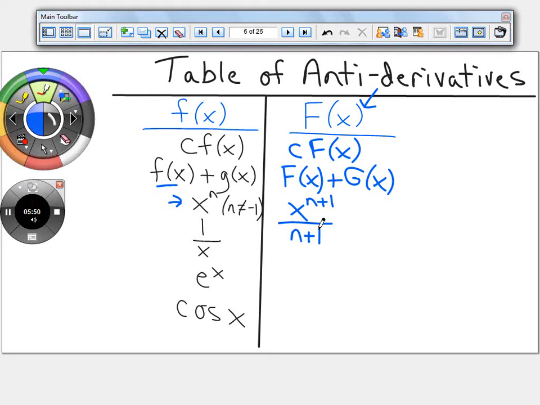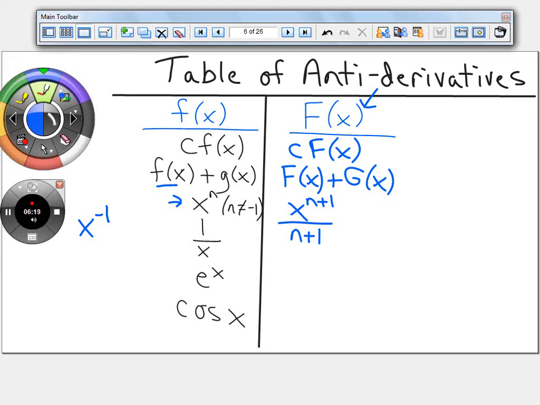Okay? Now this one right here is 1 over x, and that is a special type, because really that's x to the negative 1, and we cannot add 1 to that and divide, because if we add 1 to that, then we would have x to the 0, and that would equal 1, and that's just not what the antiderivative is. Because then if we took the derivative of that, it would be 0, and that isn't what 1 over x is.